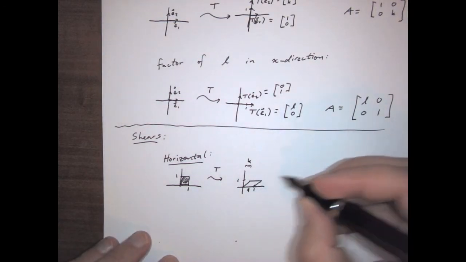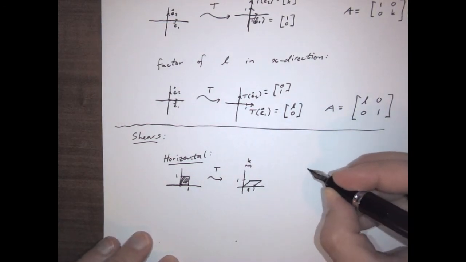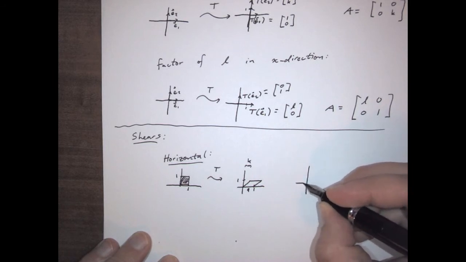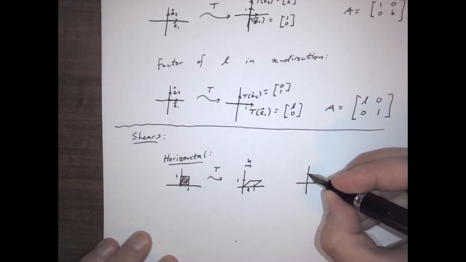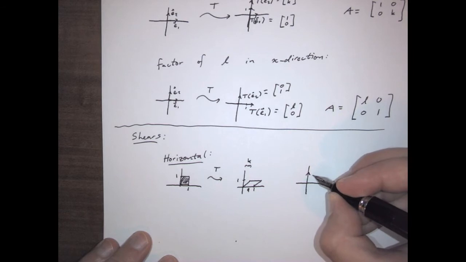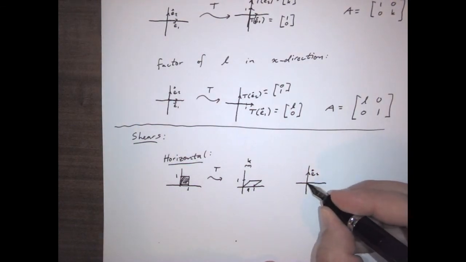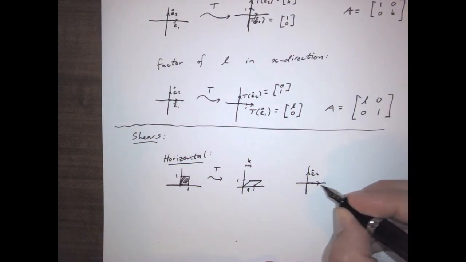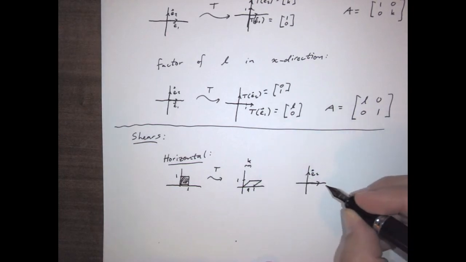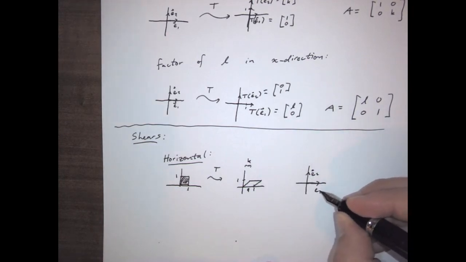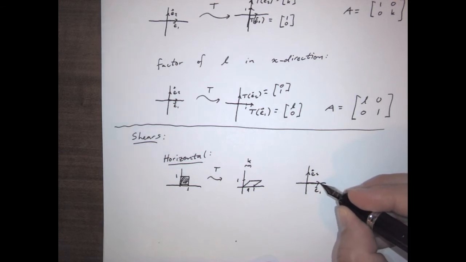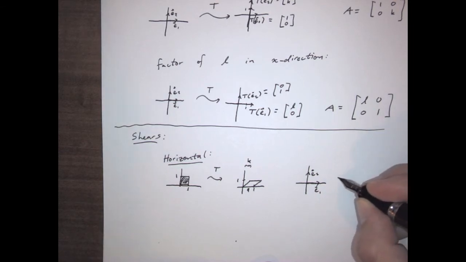So what that means is that the image of the two little unit vectors will get deformed like so. What once was the standard unit vector pointing in the direction of the y-axis, E2, will get changed into that, and what once was the standard unit vector pointing in the x direction will remain the same.